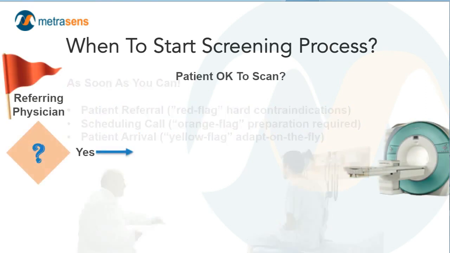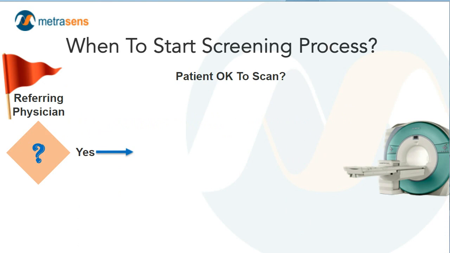What if the referring physician just asked 3 or 4 questions, asked about whether the patient had a stroke or an aneurysm clip, or they had cardiac pacing device, or they had medication pumps. And if they didn't have any of those, well, yes, it's okay to proceed, and we know exactly how to go forward with that. But what if they say, the question is, is it safe to proceed? The answer is no, or I don't know.